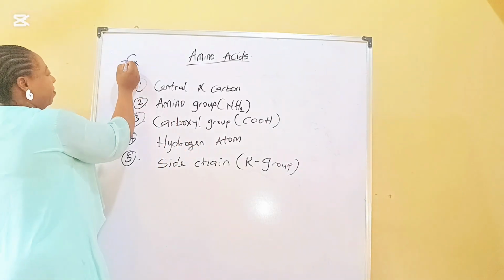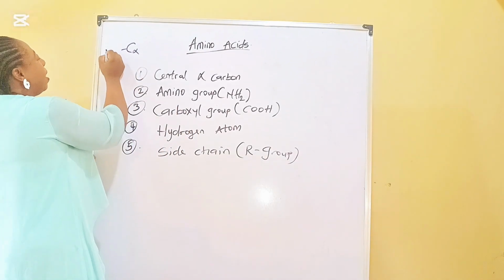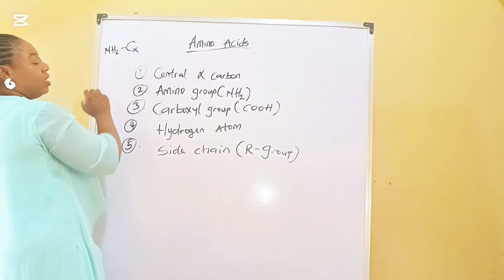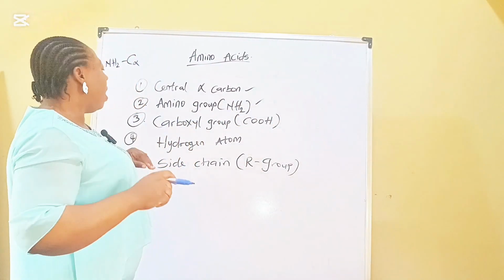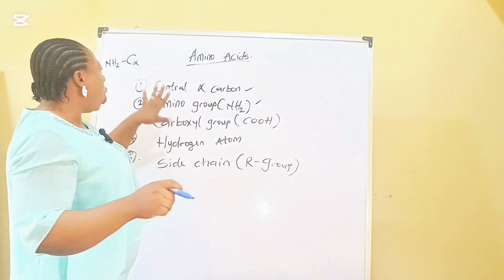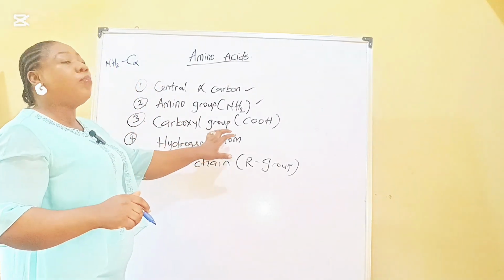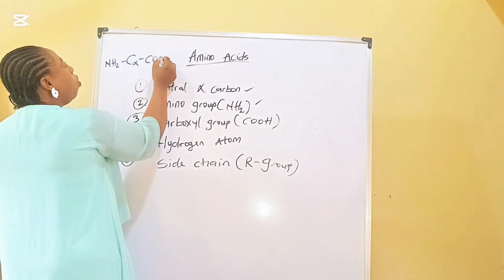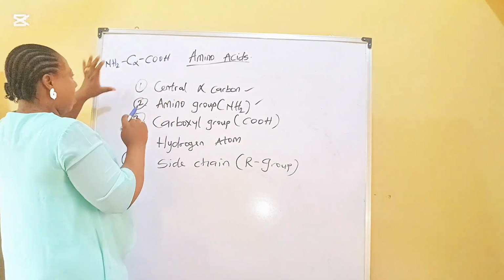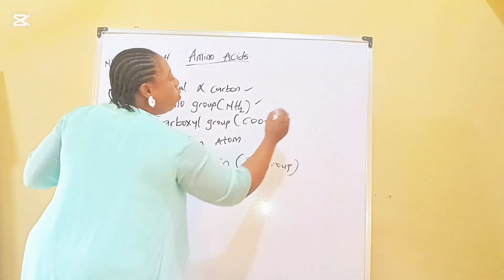So on this left side, we put our NH2, which is our amino group. We are done with this. Now, to the right side of your structure, we have the carboxyl group. So we have the COOH, the carboxyl group.